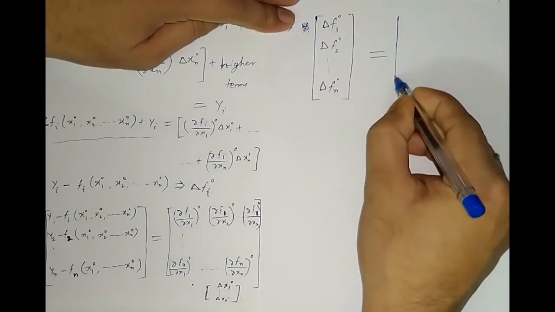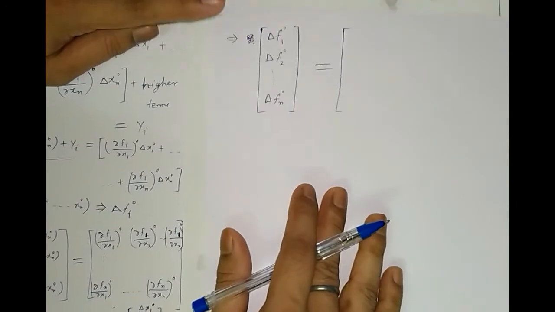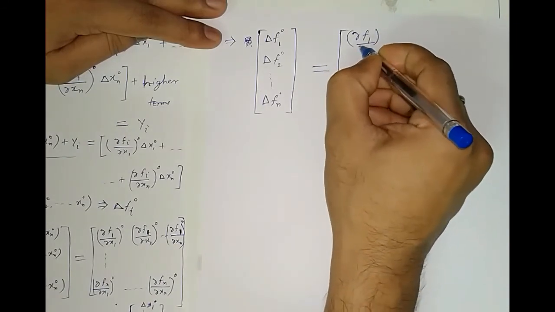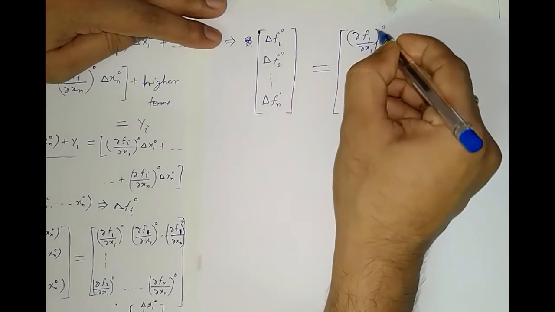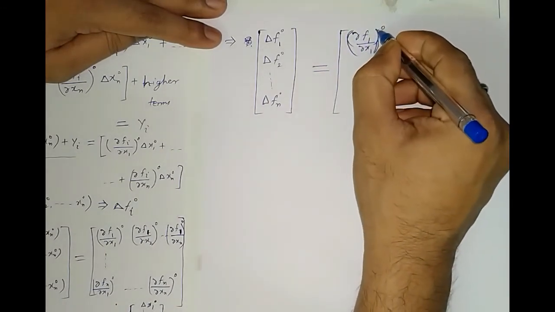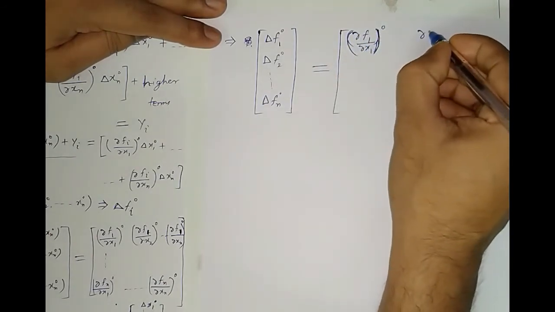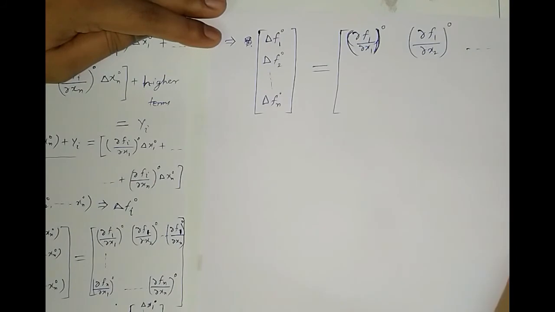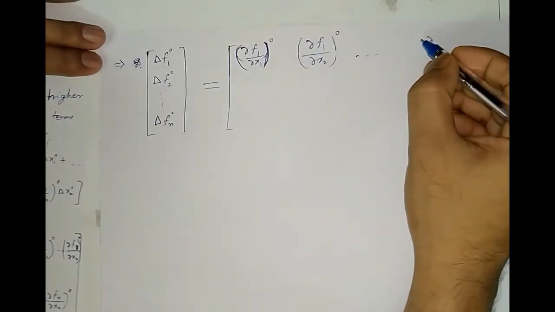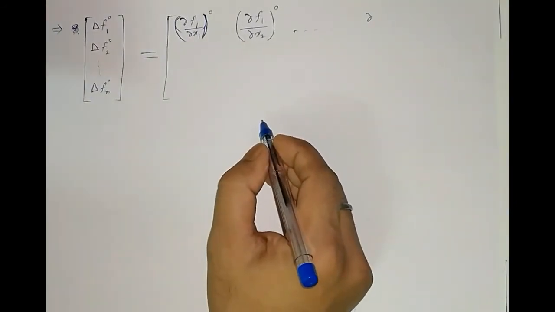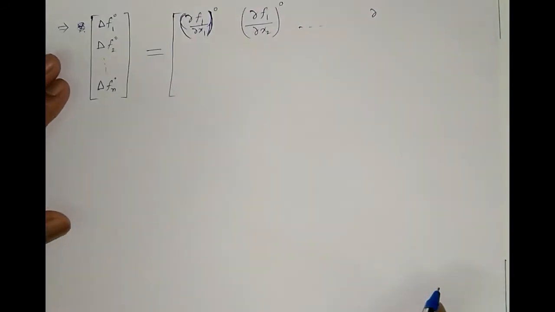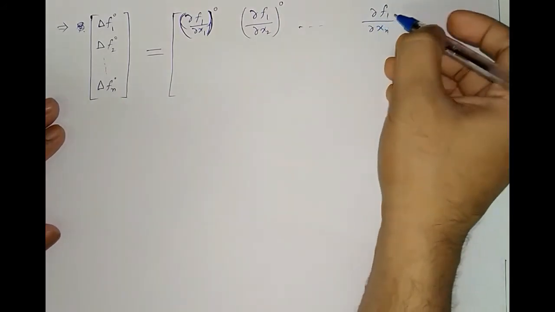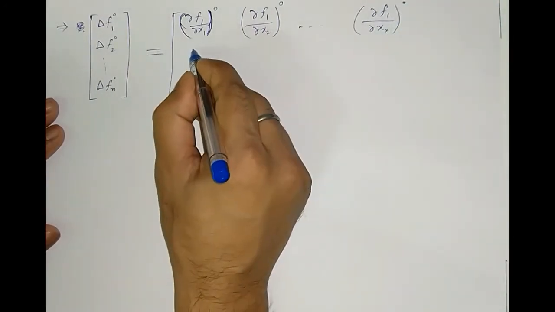So in the generalized form, this matrix is del f1 by del x1 zero, del f1 by del x2 0, and so on, sorry, del f1 by del xn in the zeroth iteration, and so on.